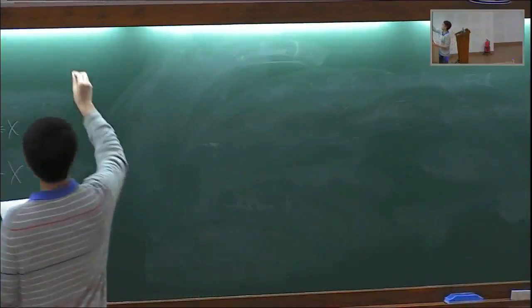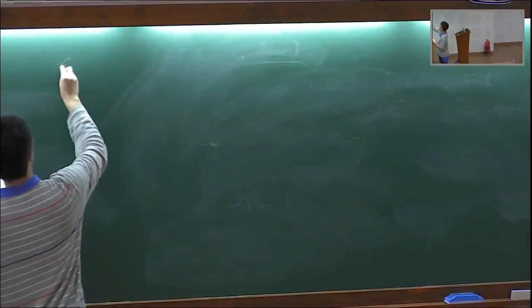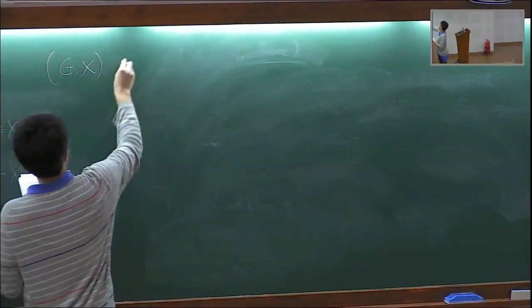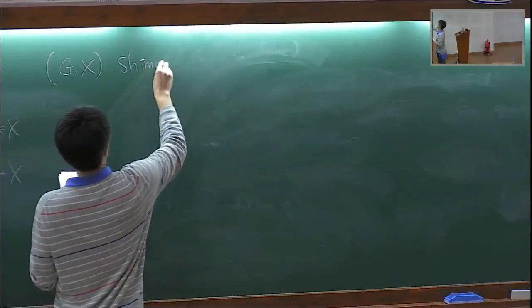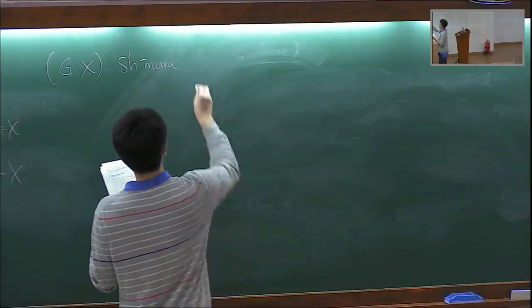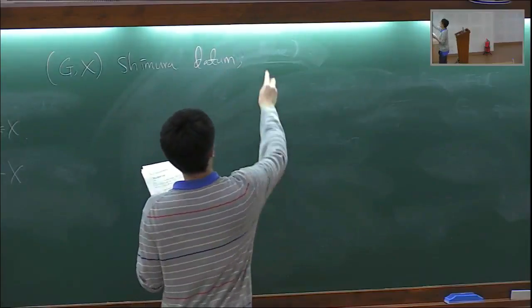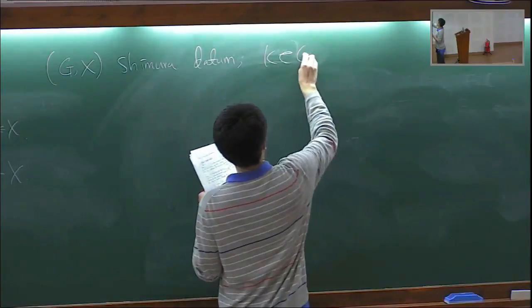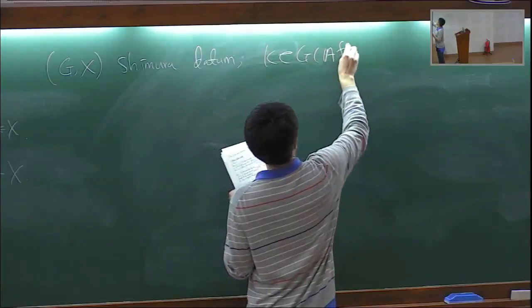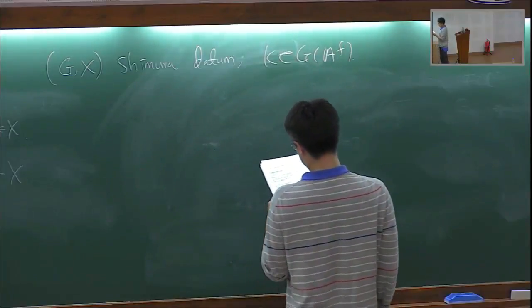Okay, then we have a natural application to Shimura varieties. So this is Shimura data. Then you have a sufficiently small level, which is neat.